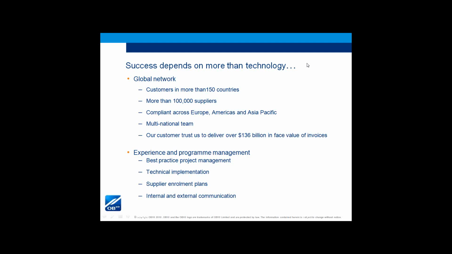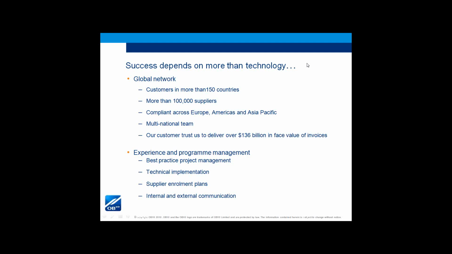Great technology. However, successful invoicing takes more than just technology. First of all, and you will have seen from the slide that we showed earlier with some of our customer names on it, many companies today trade multinationally or even globally, and you need a service provider who can support you in all those different countries. The OB10 network currently counts customers in more than 150 countries.